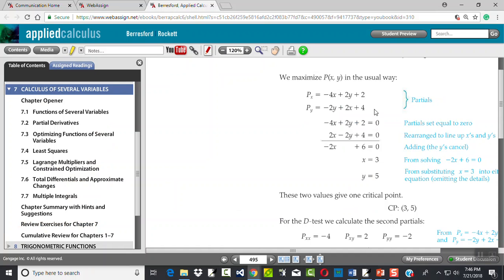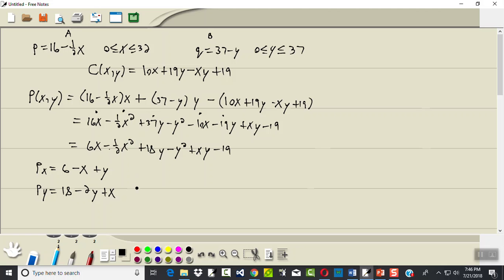Then what we want to do is, they say set each one equal to 0. But basically we want to solve the system of equations after we set them equal to 0. So we got 6 minus x plus y equals 0, and 18 minus 2y plus x equals 0.